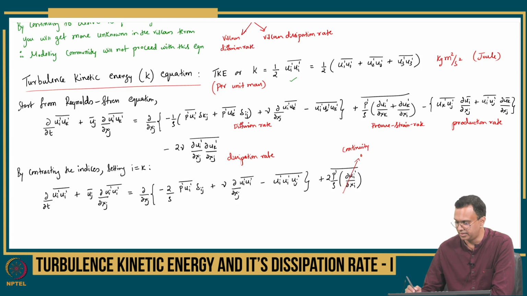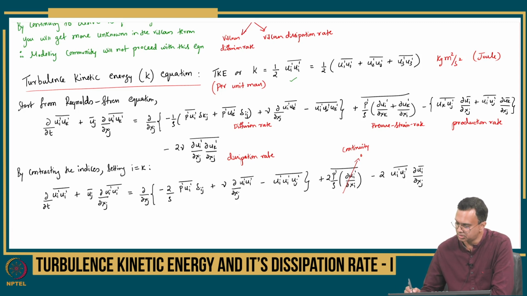The pressure strain rate term is an important term, and then there is the production rate. Since i is set equal to k, this is minus 2 of ui prime uj prime dou ui bar by dou xj.